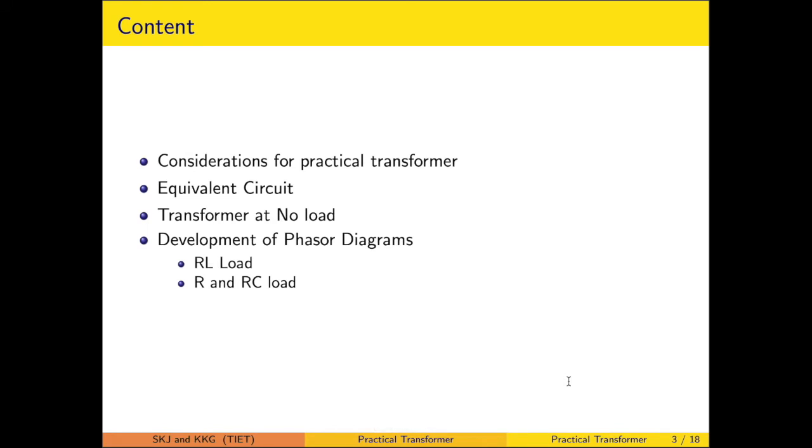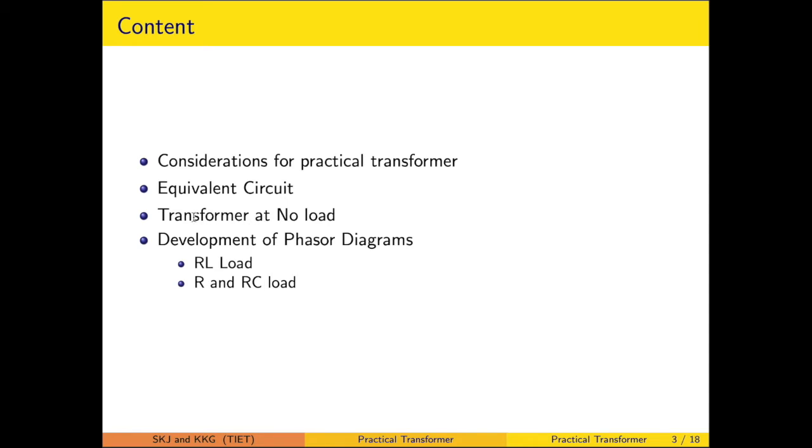The contents of this lecture are the considerations of a practical transformer. You know that the ideal transformer was made on some assumptions. Those assumptions are taken into account here, giving rise to the practical transformer. Then we develop the equivalent circuit.